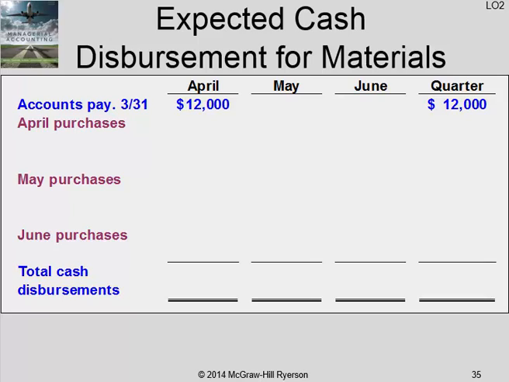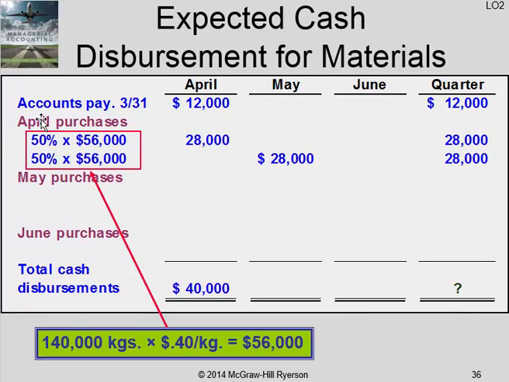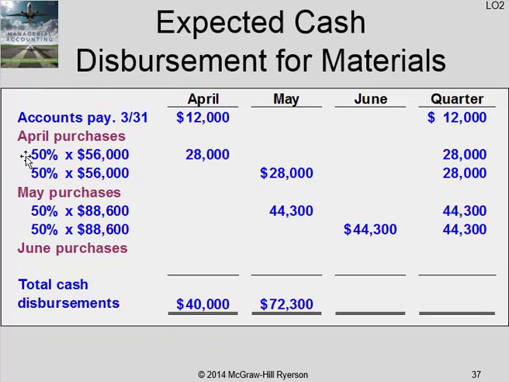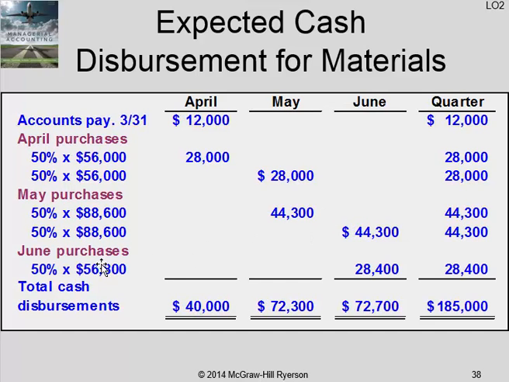Well, again, we've got accounts payable here. We've got April purchases of 56,000, half paid for in April, half paid for in May. May purchases of 88,600, half paid for in May and half in June. And June purchases of 56,800, half paid for in June, half paid for in July.